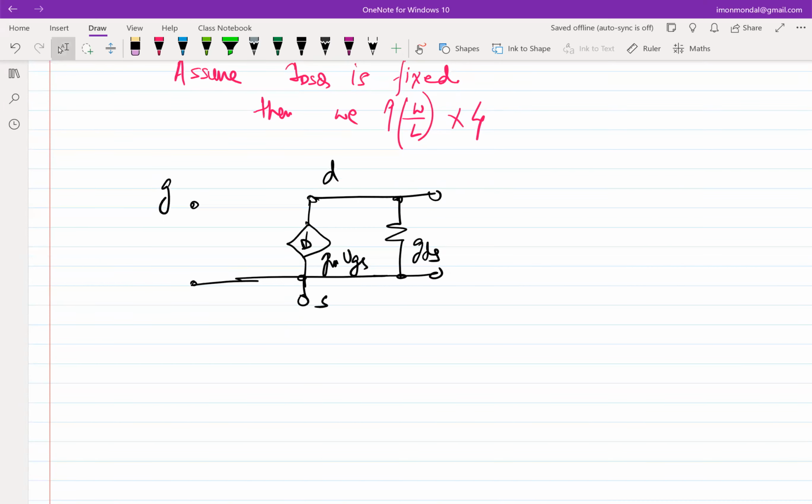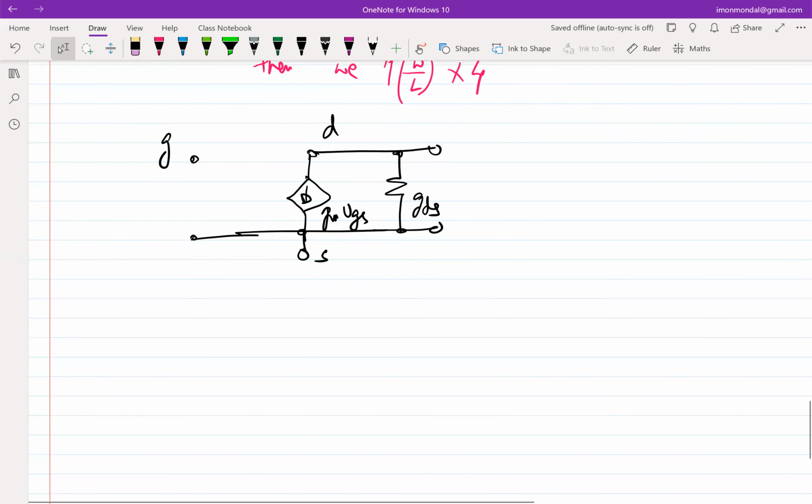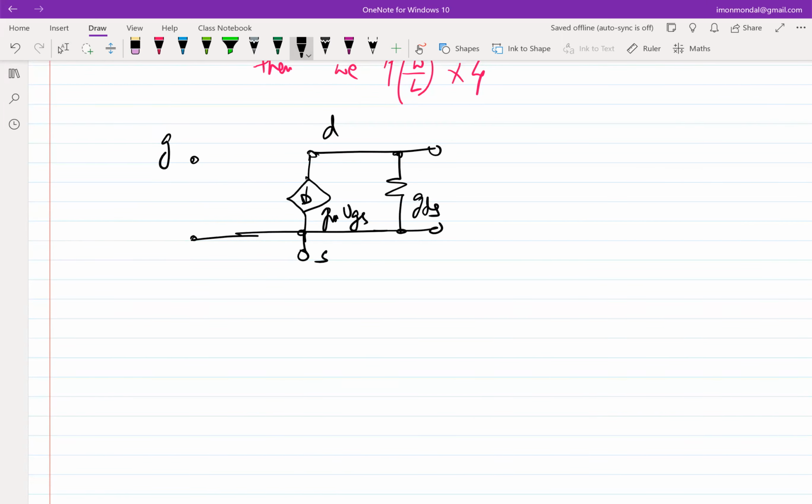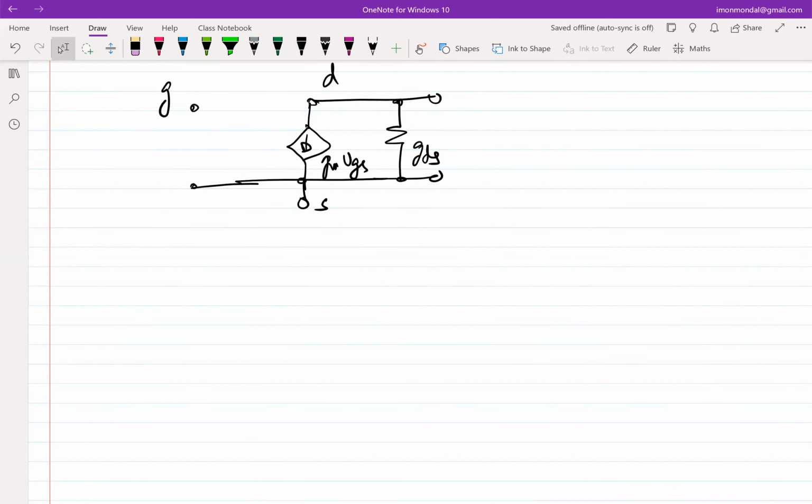So if this has changed, how does it affect our original design? The original design was like this.